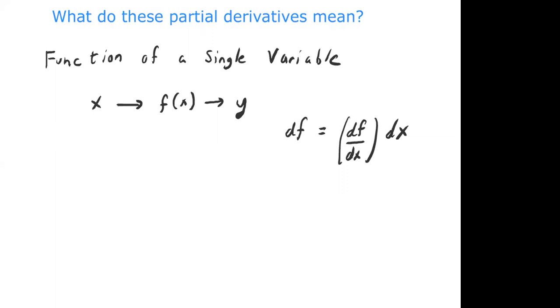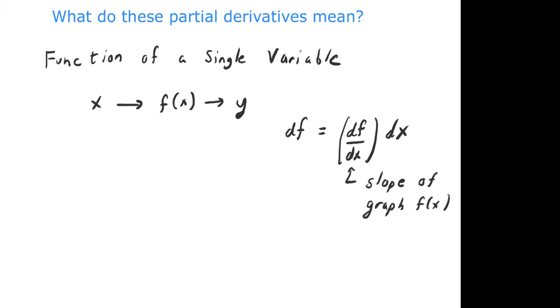The differentials, dx in the numerator and dx in the denominator, you can treat them as if they're numbers and they cancel to give you what's on the left-hand side. This thing df/dx has a nice important physical meaning for functions of a single variable. It's the slope of the graph f of x.